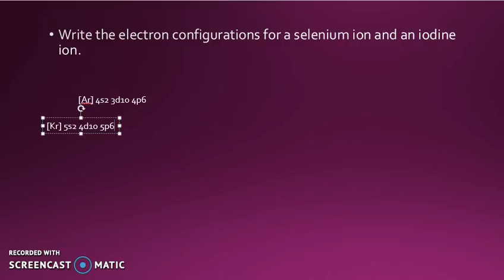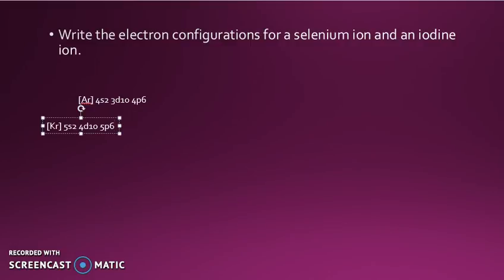So when we're writing electron configurations, we first need to determine whether the element is a metal or a nonmetal. The metals are going to lose their valence electrons. If it is a transition metal, they're going to lose from the S sublevel first and then a couple from the D sublevel.